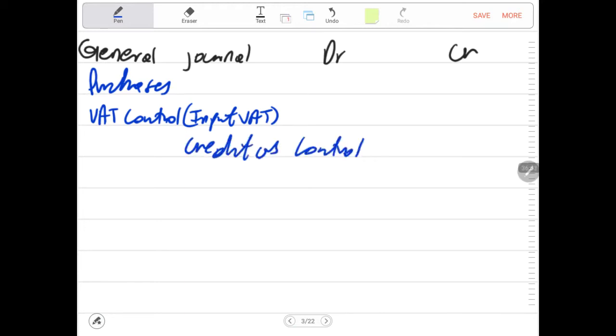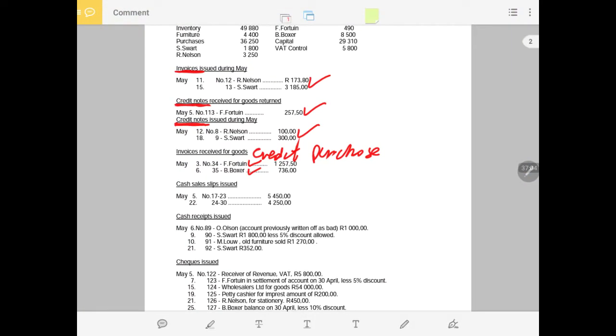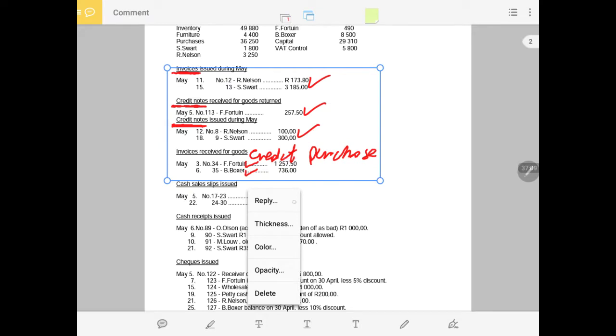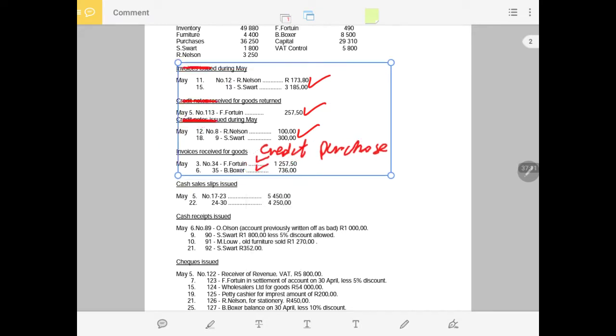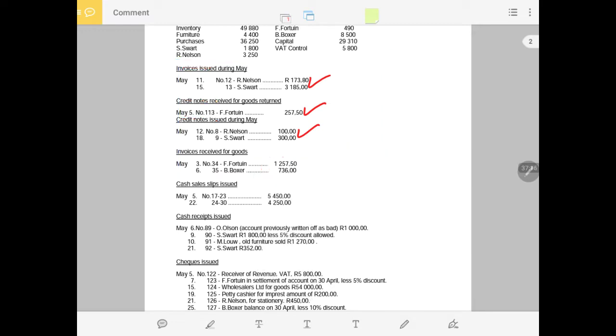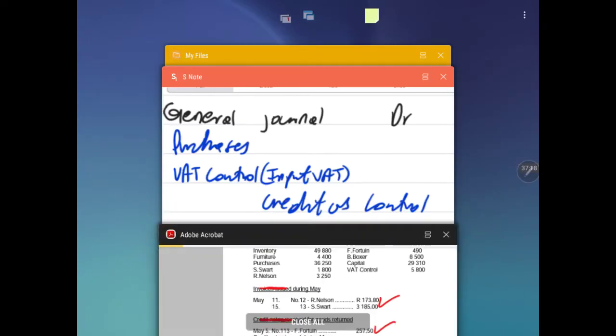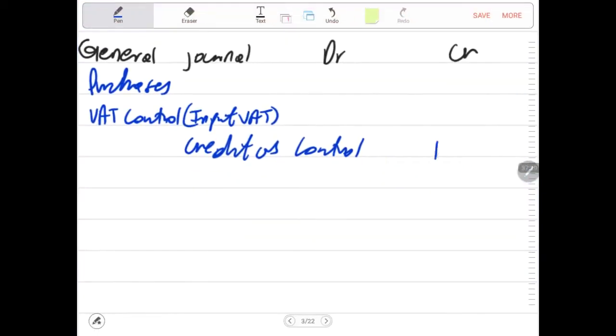Why creditors control? Because we bought inventory on credit from our suppliers. The inventory that we bought includes VAT. Remember that. And the amount that includes VAT is 1,257.50. It includes VAT. This is the amount we owe to our creditor.